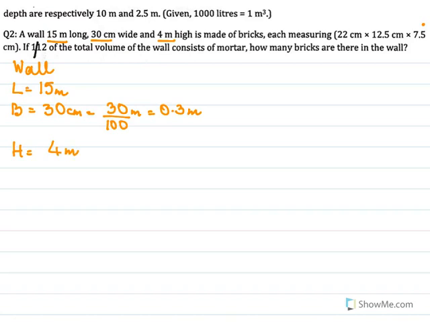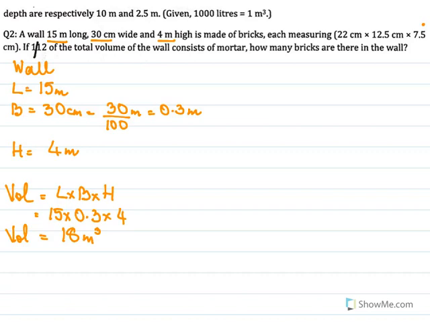So we find the volume of the wall. It's a cuboid. So volume of wall is length into breadth into height, which is 15 into 0.3 into 4. So volume of wall works out as 18 meter cube. Now we also have bricks here, which we'll look into later.